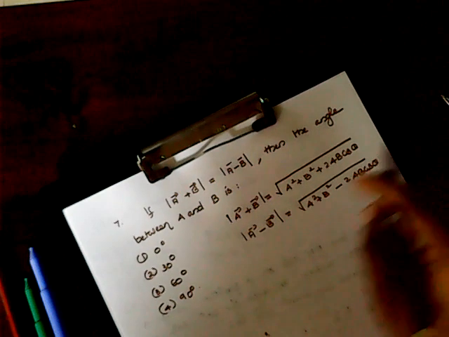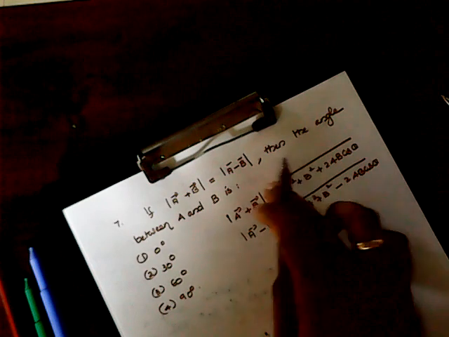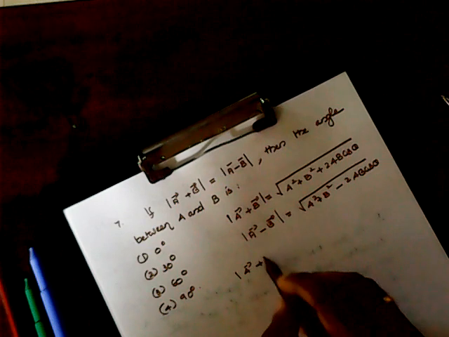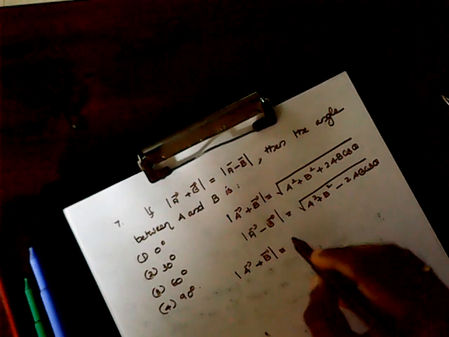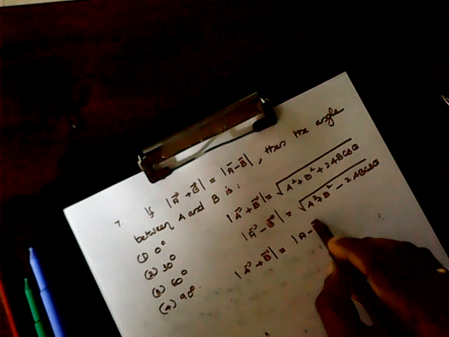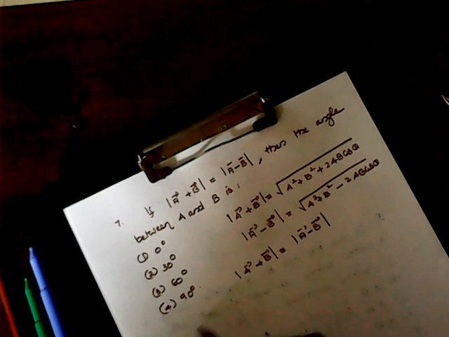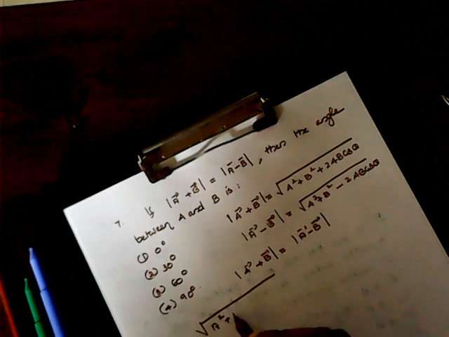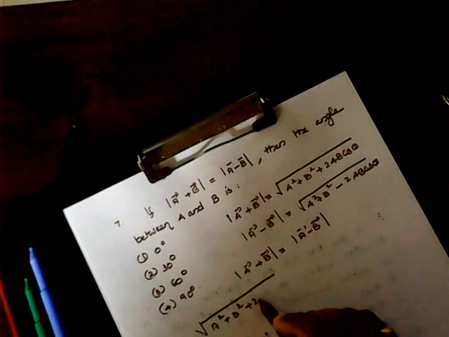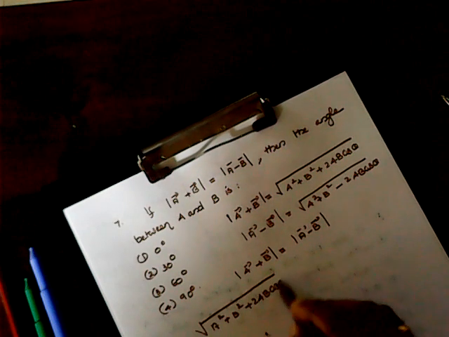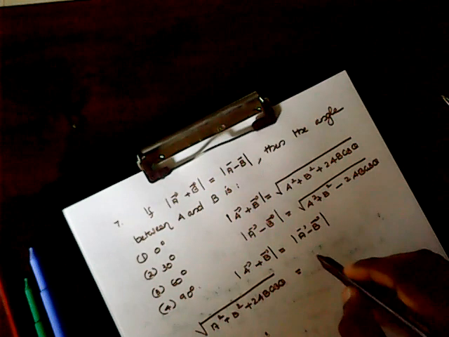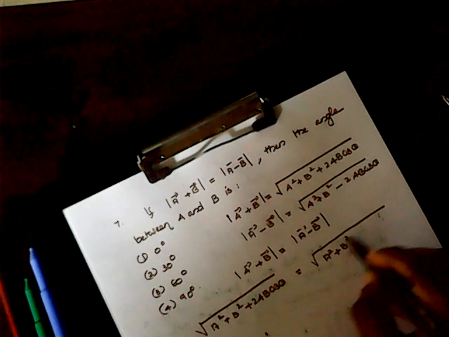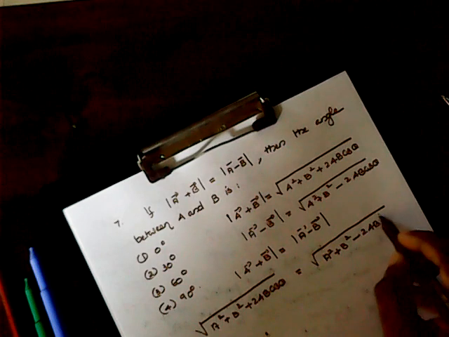It is given that their values are equal, that is, modulus of A plus B equals modulus of A minus B. So root of A square plus B square plus 2AB cos theta equals root of A square plus B square minus 2AB cos theta.